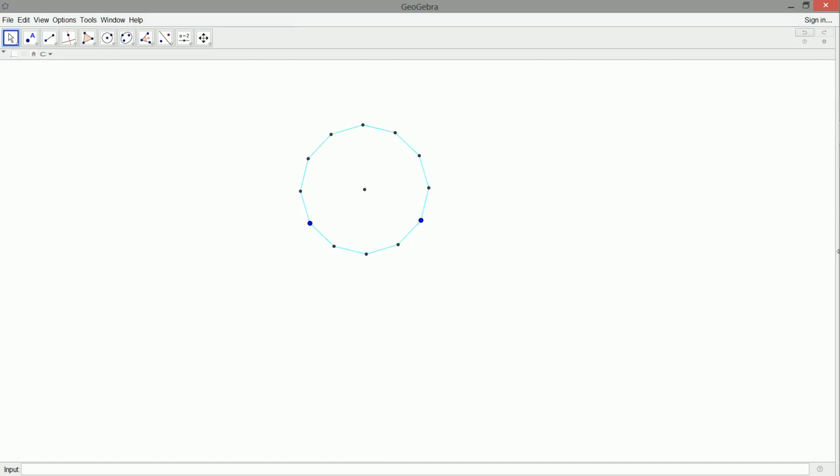We'll even hide the circumcircle, but what have we got? We've got ourselves a regular 12-gon. Now, it's kind of hard to see, and possibly on low-resolution videos, you might mistake this for a circle. But this is a regular 12-gon.